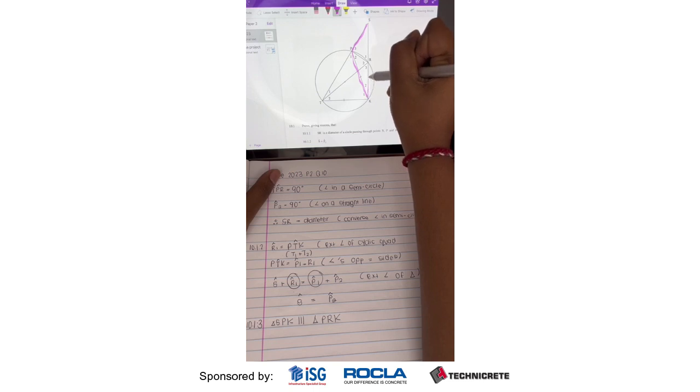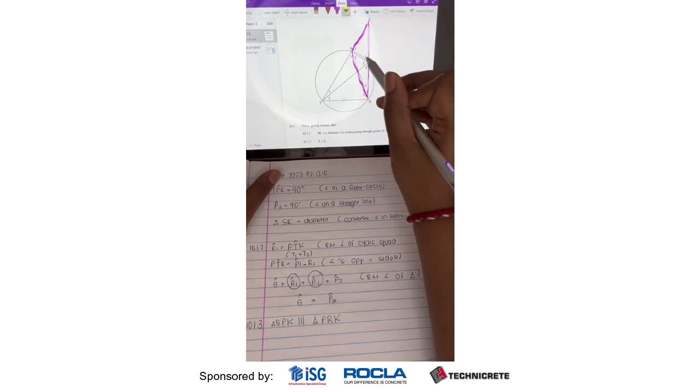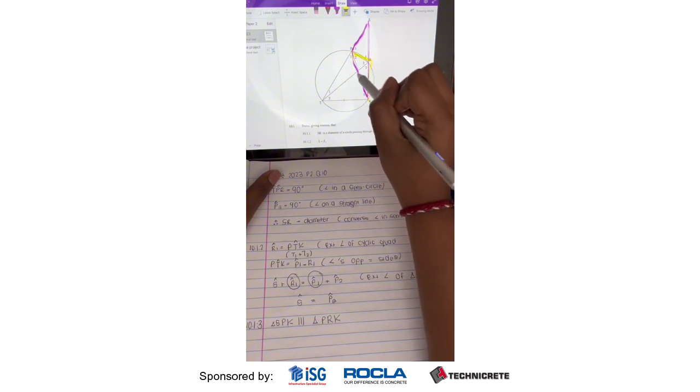That's our first triangle. And our other triangle is PRK. Okay, so let's take a look at what we've been given there. Well, they both firstly have angle K equal.